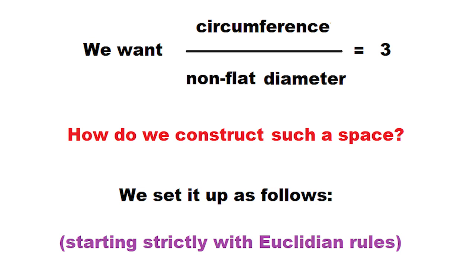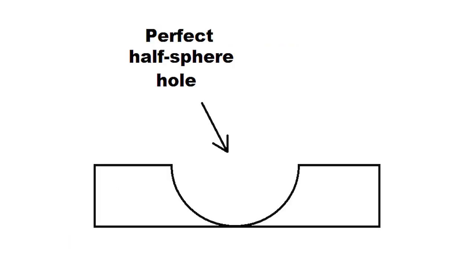Here's what I propose. Note that we're going to use plain old regular Euclidean geometrical rules with no weird stuff until I say otherwise. First, dig a hole in the ground the exact shape of a half sphere.